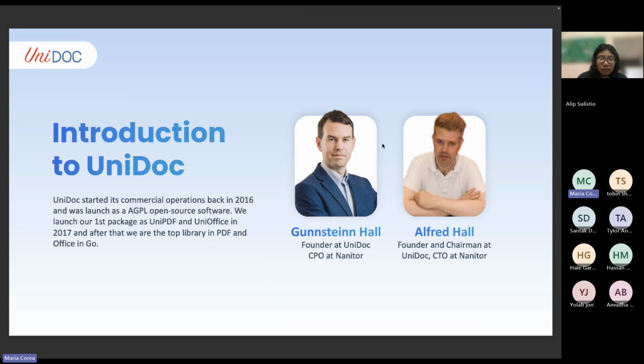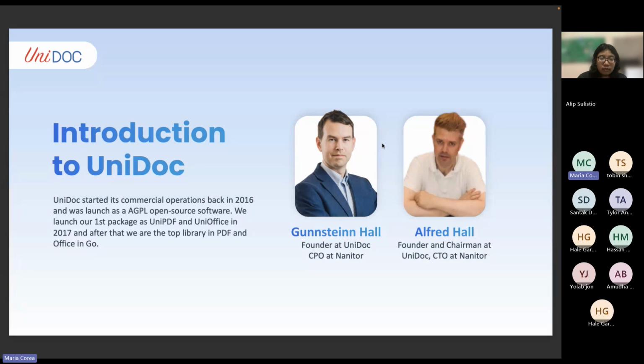Okay, so I'm going to talk a little bit about who we are and how we started. We started as a commercial operation back in 2016, and we launched as an AGPL open source software. When we launched our first packages, UniPDF and UniOffice, in 2016, we became a top library for PDF and Office in Golang.